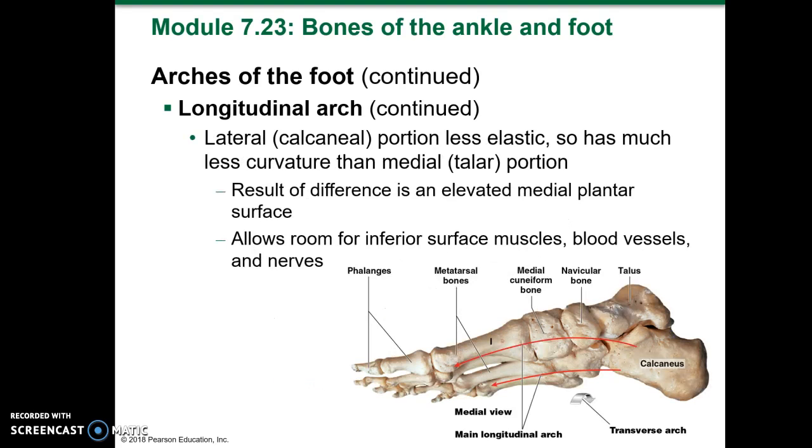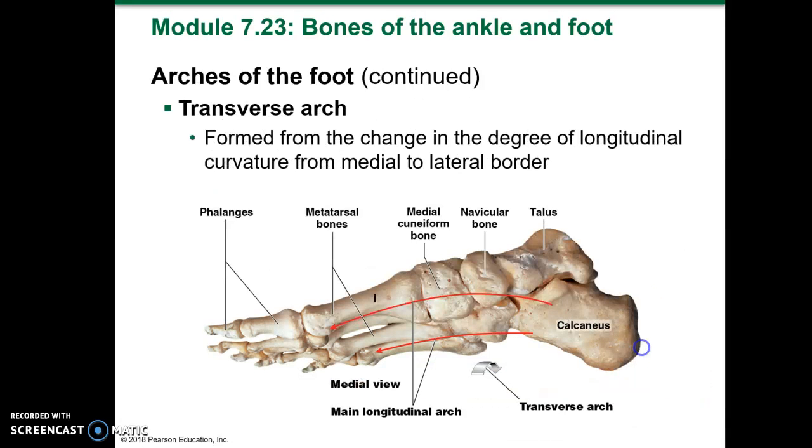The lateral calcaneal portion is less elastic, so it has much less curvature than the medial talar portion. And the result of the difference is an elevated medial plantar surface. It allows room for inferior surface muscles, blood vessels, and nerves.